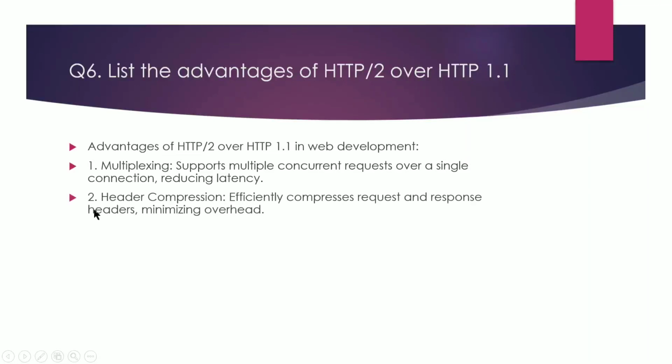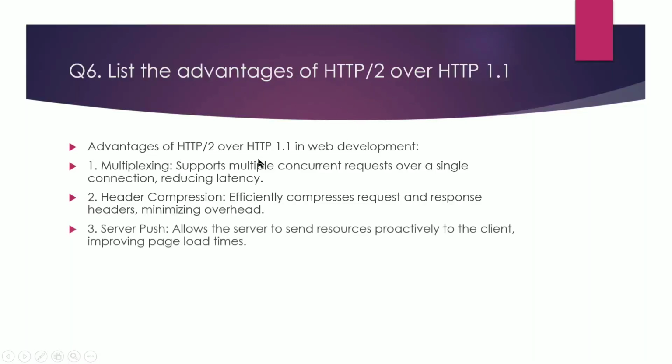Header compression. There are some headers that you pass in your request, like this is my bearer token and this is my authorization. These kinds of things you pass in your header. In HTTP2, the header is compressed and it requires less bandwidth to make the request. This is one of the most important factors of HTTP2.